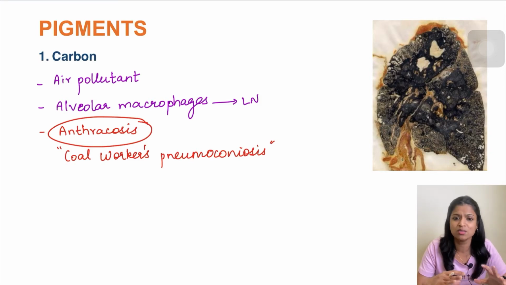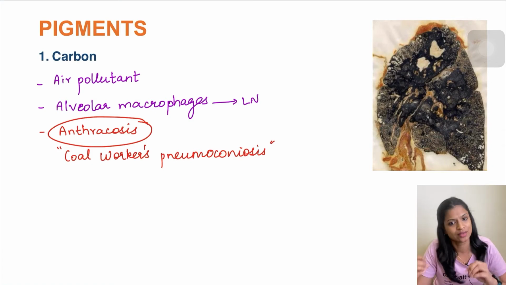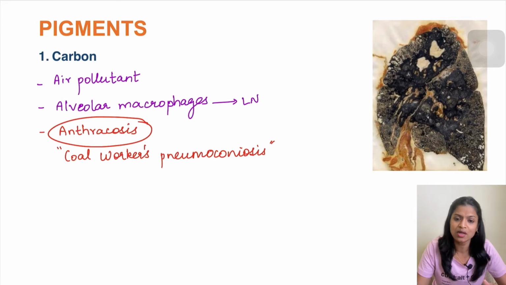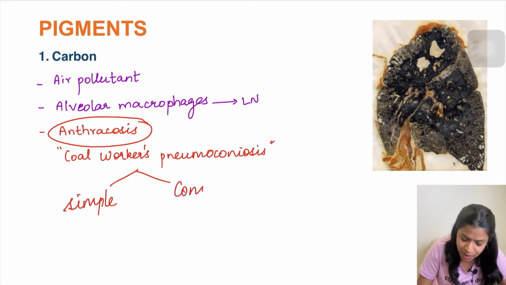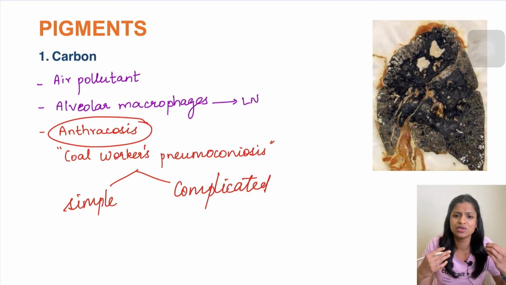The initial spectrum is the asymptomatic stage, which I call just a black lung or anthracosis. The next stage will be coal workers pneumoconiosis, which could either be a simple coal workers pneumoconiosis or a complicated coal workers pneumoconiosis. In simple coal workers pneumoconiosis, the pulmonary function is not that much deranged.